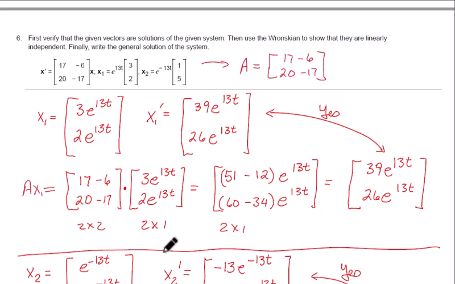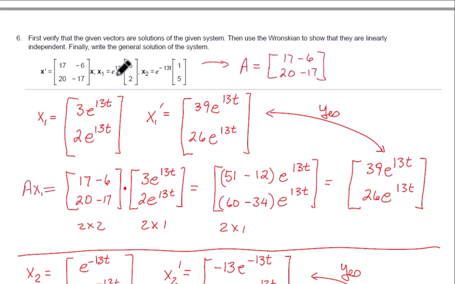All right, in question 6 here, we want to verify that the things that they gave us are solutions, and we want to use the Wronskian to make sure they are linearly independent. All right, so let's see. Here is matrix A. Here's x. x1 is e to the 13t times this column vector.